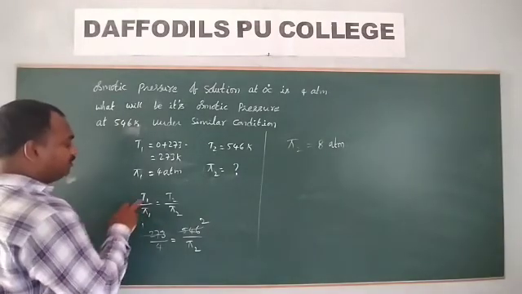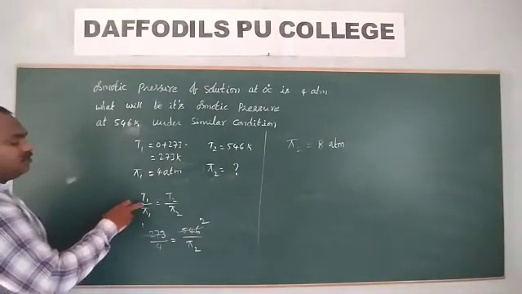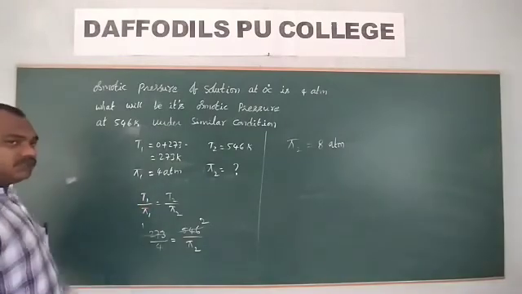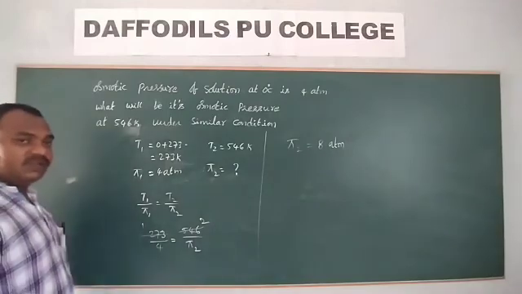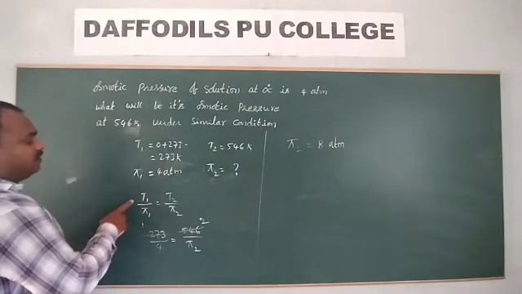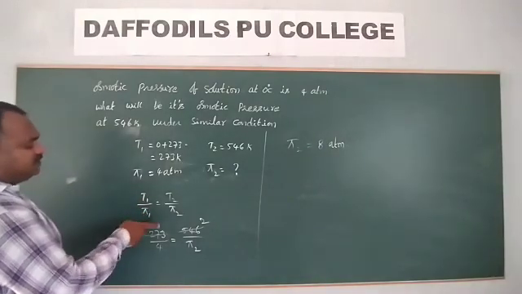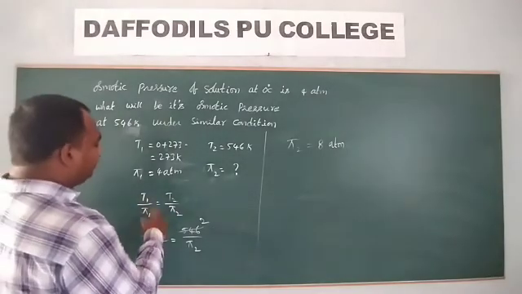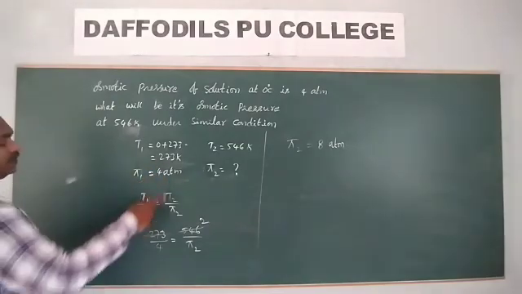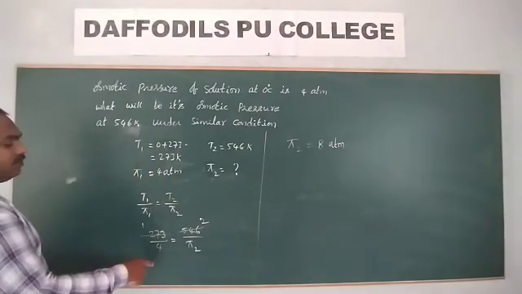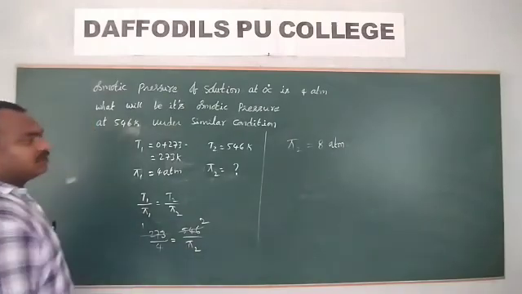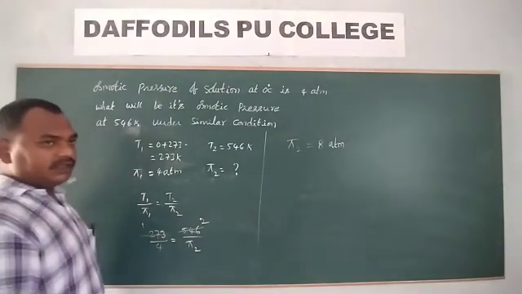According to Gay-Lussac's law, P1 by T1 is equal to P2 by T2. Here, instead of P, just take pi. So pi1 by T1 is equal to pi2 by T2. T1 is 273, pi1 is 4 atmosphere, T2 is 546, pi2 is the question. So pi2 will become 8 atmosphere.